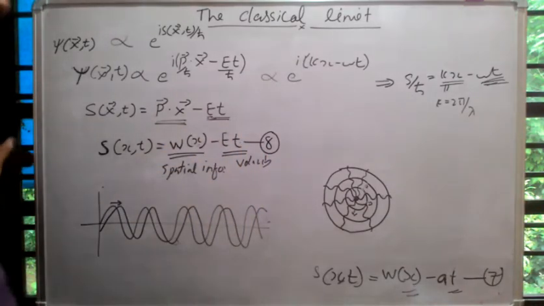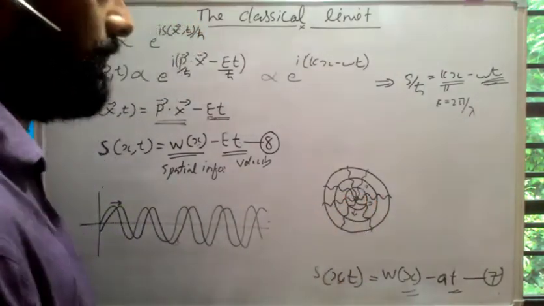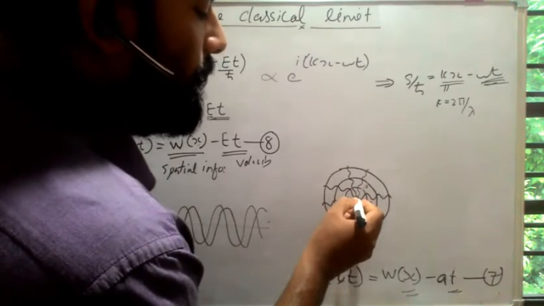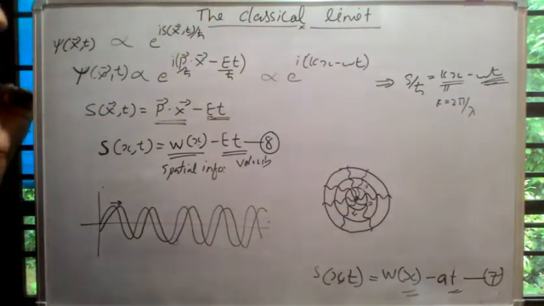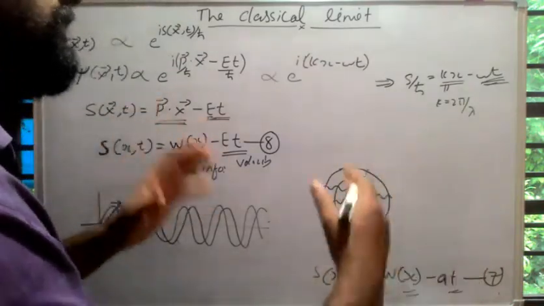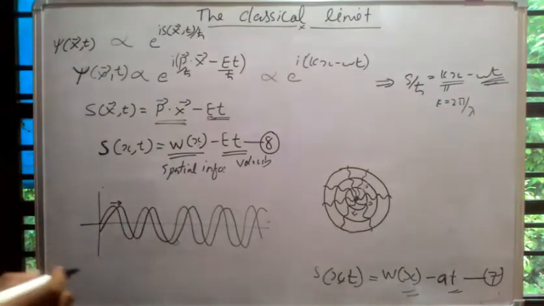Next, consider this figure. This is the central portion, where I am defining the maximum probability of finding the particle. So I can draw the wave function, which spreads all over the space, in 3 dimensions.